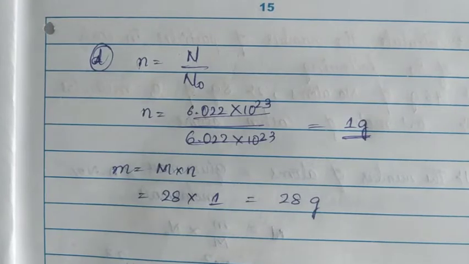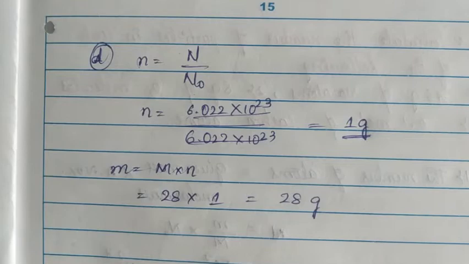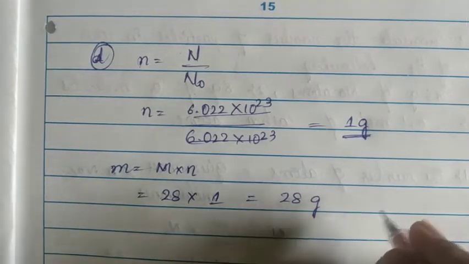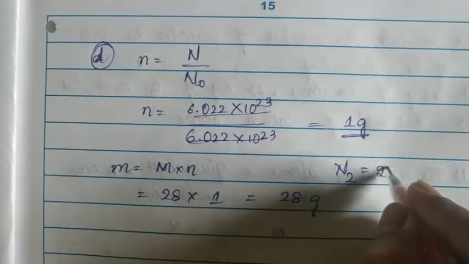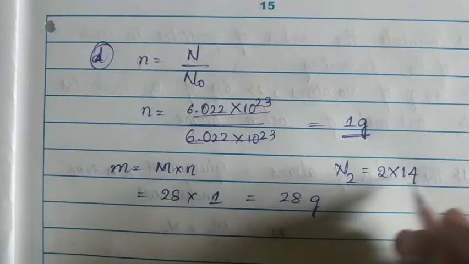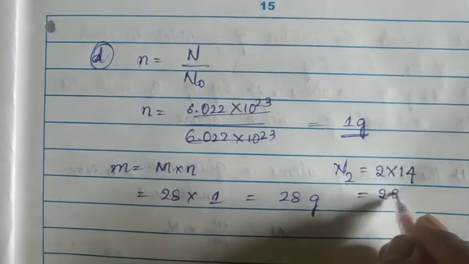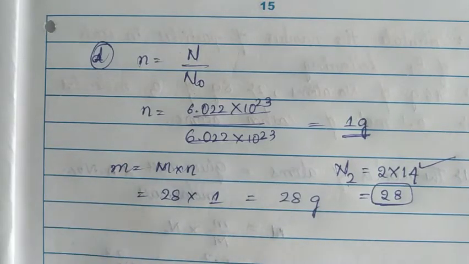But we know, children, that here the given molecule is N2. Because of that reason, it contains 2 atoms of nitrogen. One atom weighs 14 u. 14 into 2 becomes how much? 28. This is the molar mass of the nitrogen molecule.